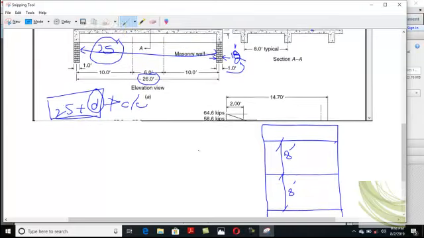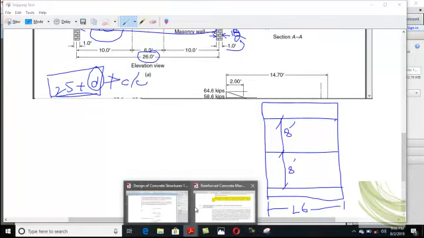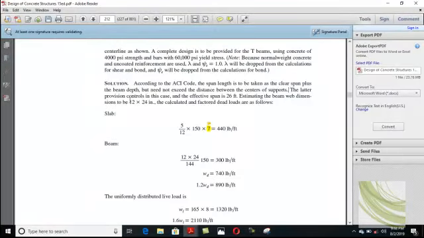So the effective depth is assumed to be 12 by 24 inches. Estimating the beam width dimensions to be 12 by 24 inches. The calculated and factored dead loads are to be found. So your effective depth, if you provide 3-inch clear cover, comes out to be 21 inches.